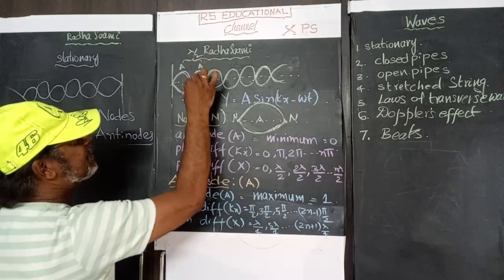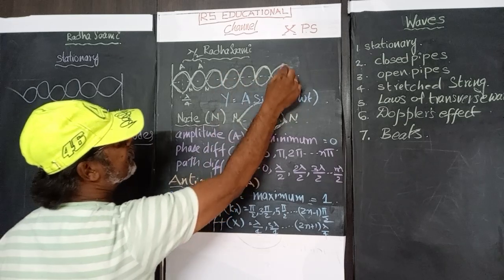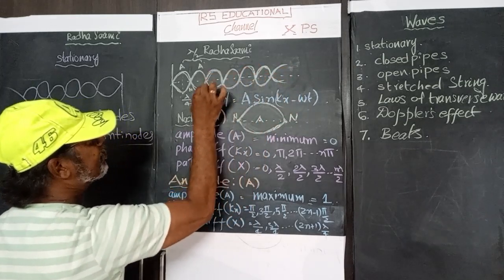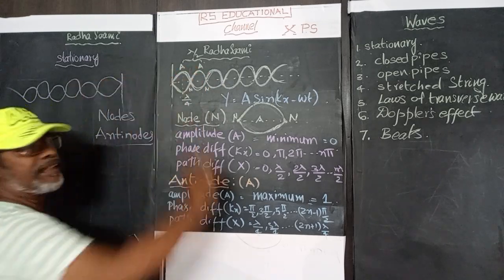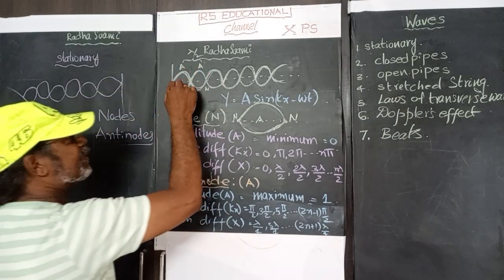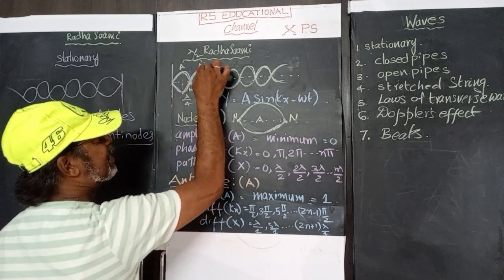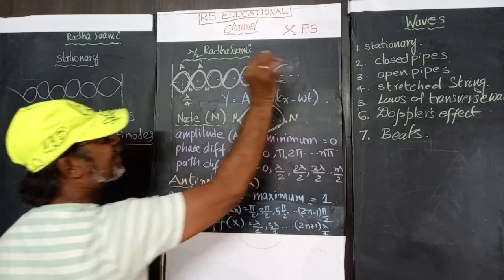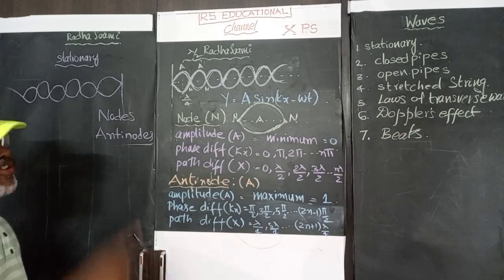Okay. Here you can observe. Suppose this is a wave coming in this direction and an obstacle came. Then it changes direction and moves backward. When these two interact, they form a stationary wave.